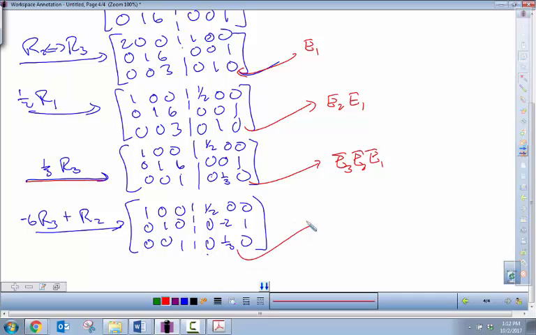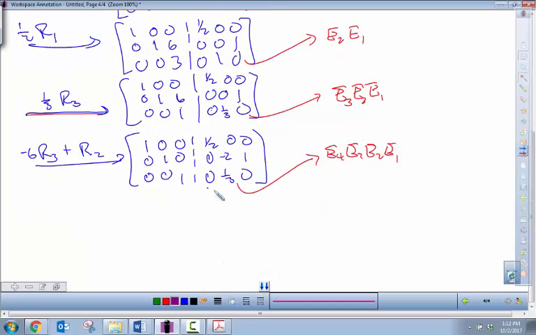This is E4 times E3 times E2 times E1, which is also A inverse. Once you get the left side of your augmented matrix to be the identity, the resulting matrix on the right-hand side is your A inverse. Okay? We should probably double check this by multiplying the matrices together.